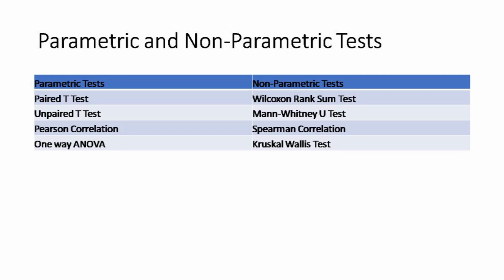Parametric tests can be z-test, paired t-test, normal t-test, t-test for two populations, Pearson correlation, one way ANOVA, whereas non-parametric tests are Wilcoxon signed-rank test, Mann-Whitney test, Spearman rank correlation test, Kruskal-Wallis test, Kolmogorov-Smirnov test. Then there is the chi-square test also, which is used as a non-parametric test and which is majorly employed in business research.